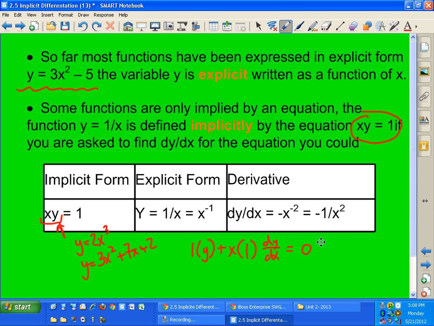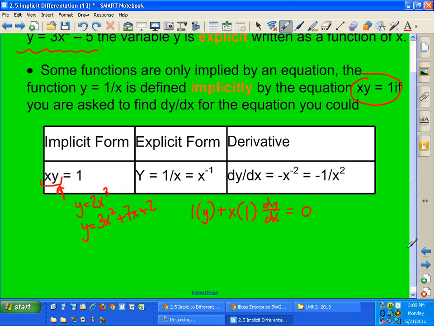If I solve this equation from this point, I'm going to subtract the y across the equal sign. So x times dy dx equals negative y, and then dy dx equals negative y over x, which doesn't look anything like the form of my answer, which is negative 1 over x squared.